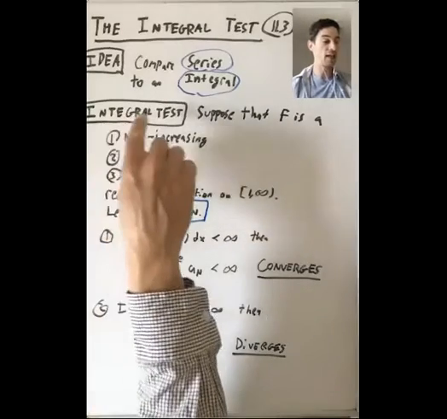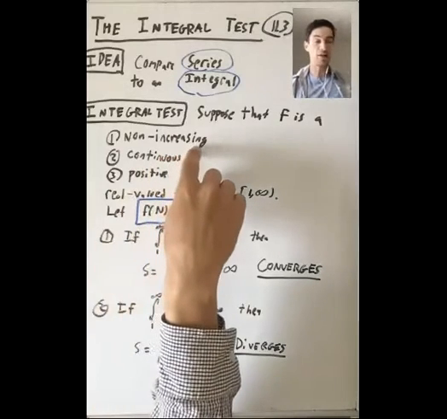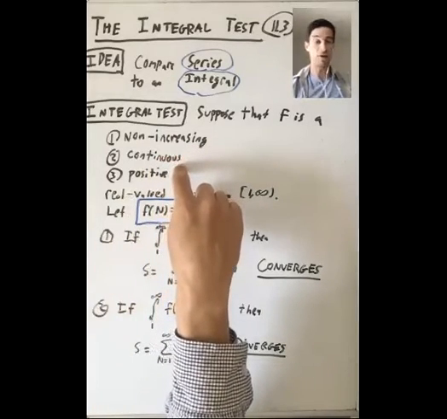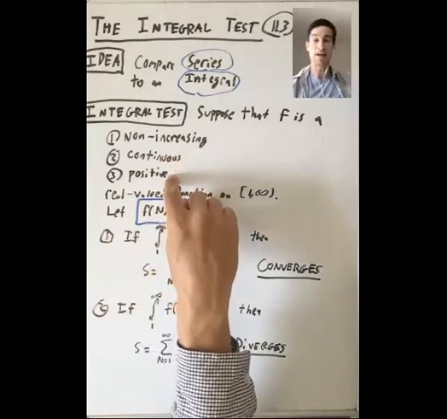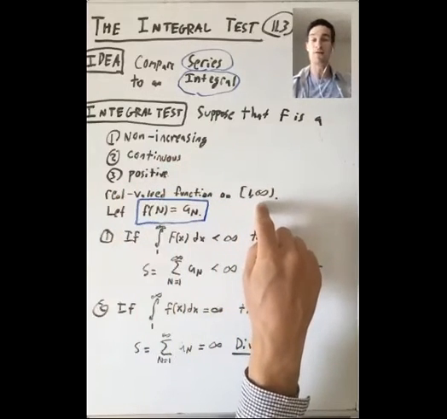I'll start by telling you what the integral test says, and then we'll do some examples. The integral test says, suppose we have a function f that has three properties. It's non-increasing. That means it doesn't have to be always decreasing, but it can never go up. So it's non-increasing, it's continuous, and it's a positive, real-valued function on the interval from 1 to infinity.